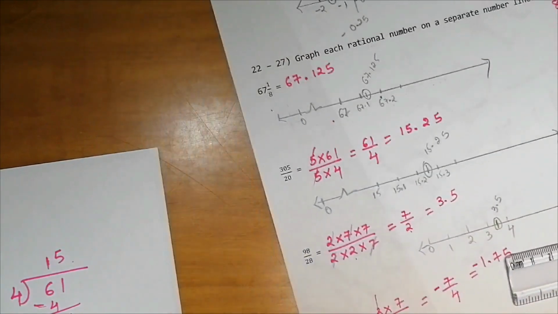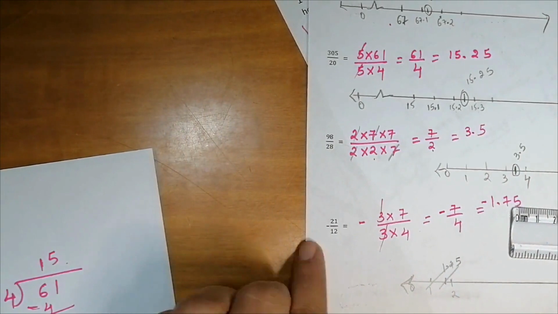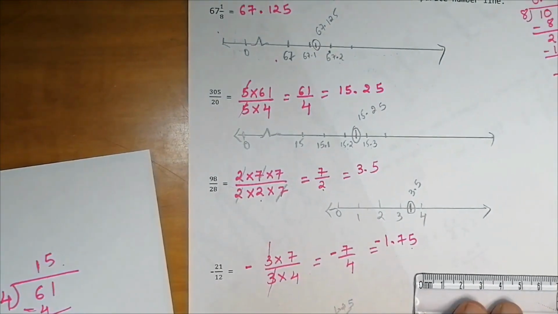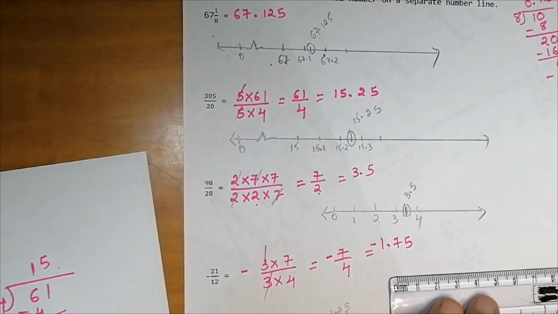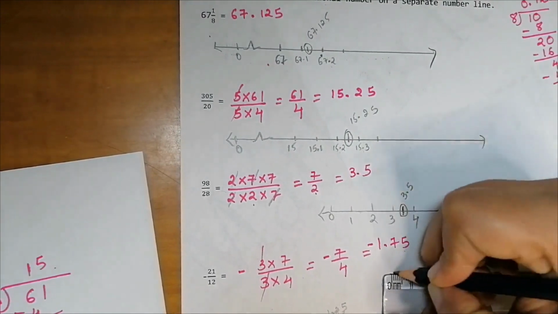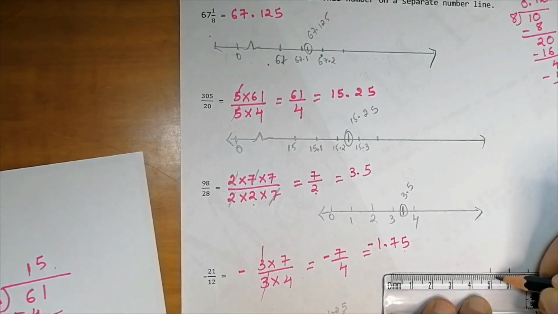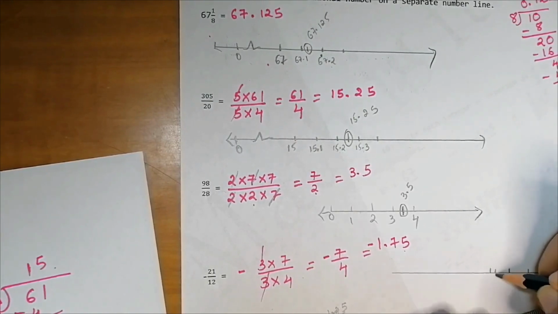So this is something that you would end up doing in exam, or while you're practicing if you miss the negative sign. So remember, mistakes are done to learn, to teach you something. So let's start from this side. So my 0 is here, 1 is here, 2 is here, right? And I want 75, so 5, 6, 7, between 7 and 8.